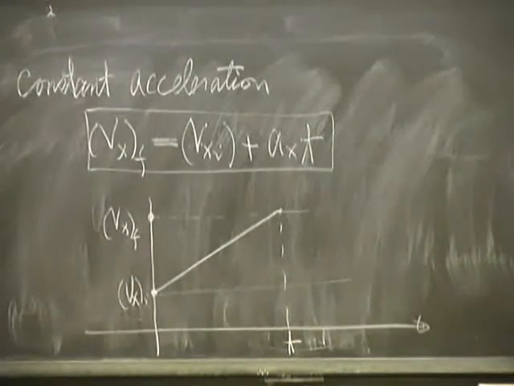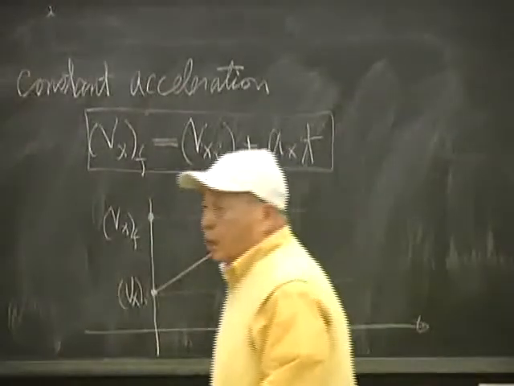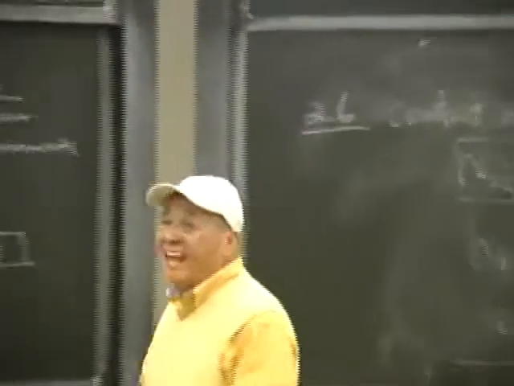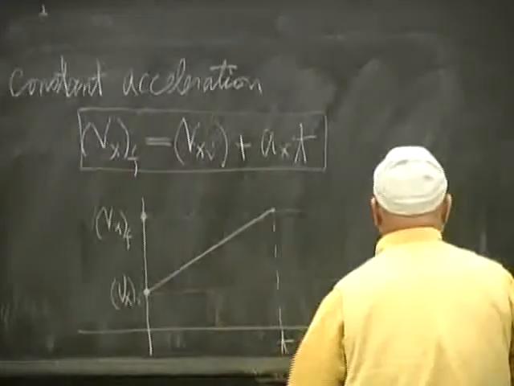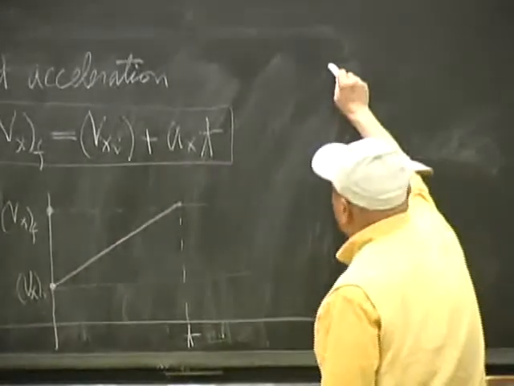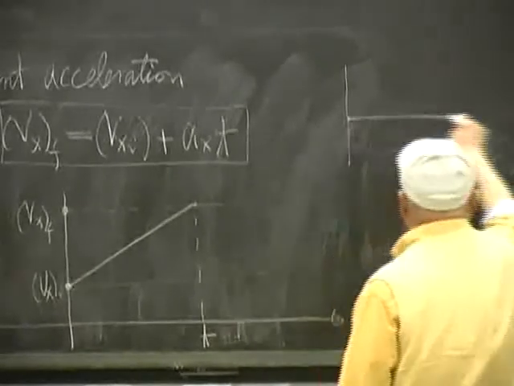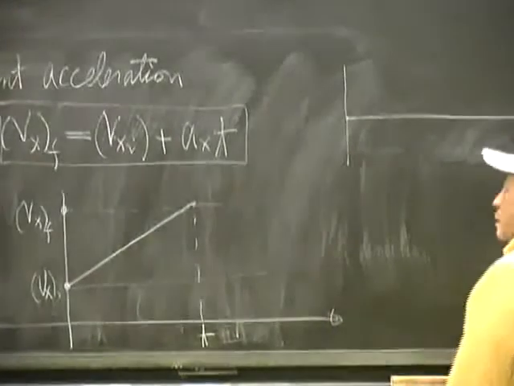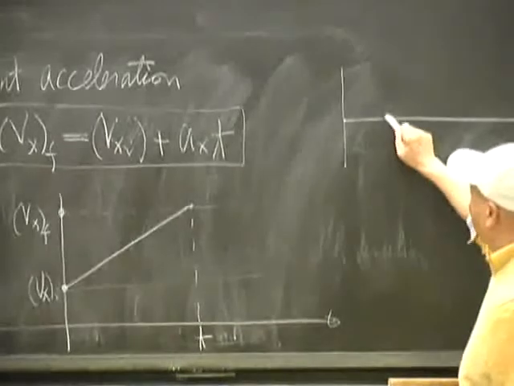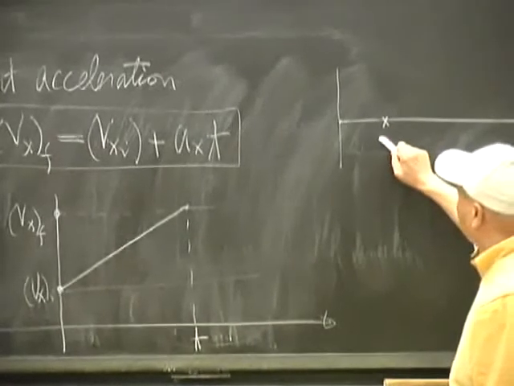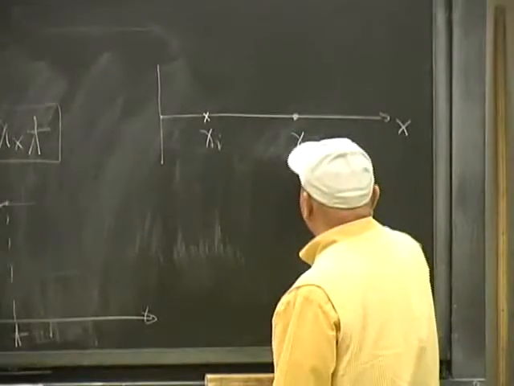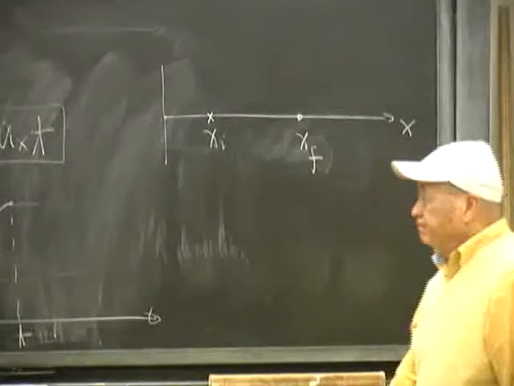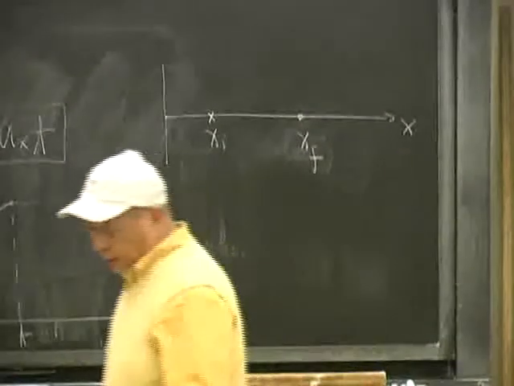Now we like to draw the diagram for the motion, assuming this motion is along the x direction. This is the velocity diagram, and now we draw the x. Right at this point we call x sub i, and right at this point we call x sub f.